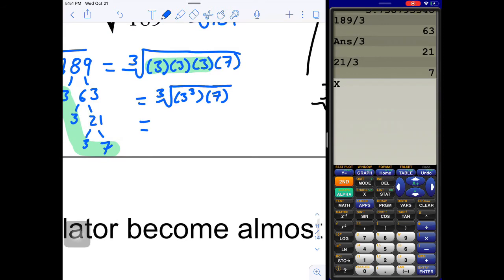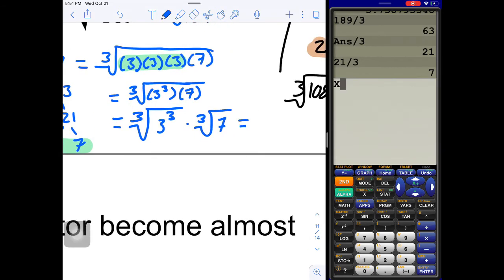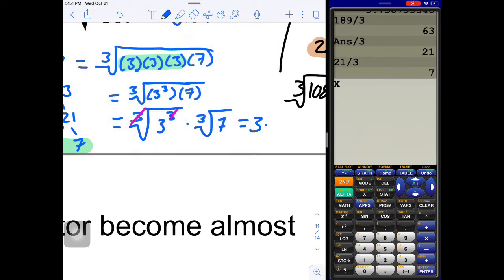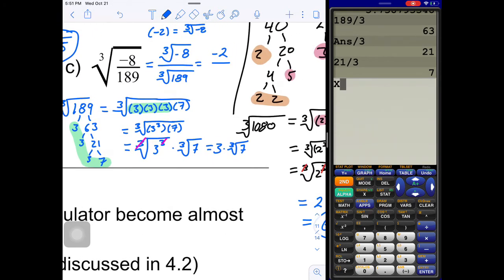And now I can separate this even further, and this will be the cube root of 3 cubed times cube root of 7. And again, the whole reason we're doing this is because now we can cancel out our cubes. So this will become 3 times cube root of 7. So that's what this equals. So this will be 3 cube root of 7. And there is our final answer there.